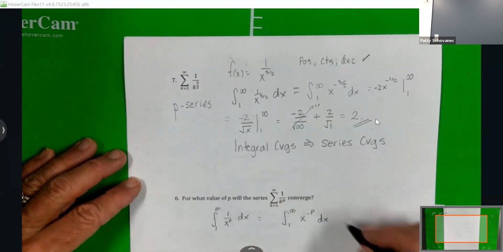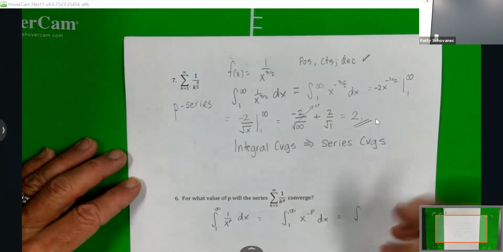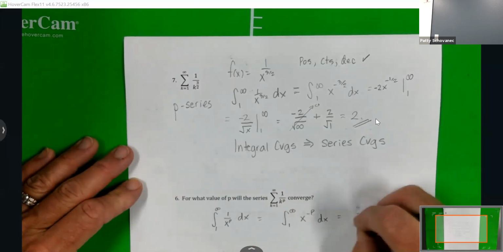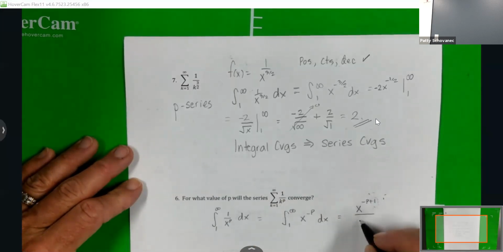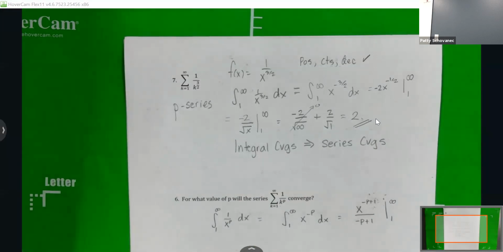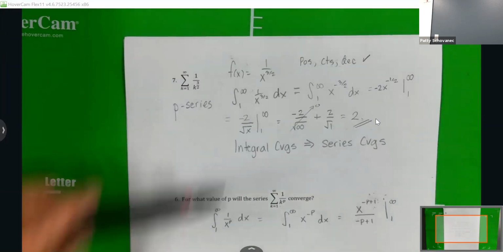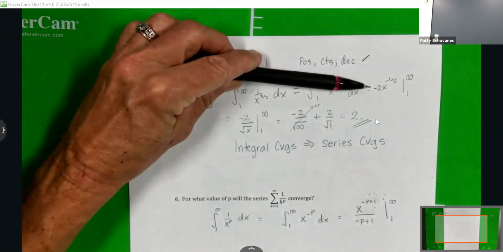You integrate that by adding 1 to the power and dividing by the new power. So you get x to the minus p plus 1 over minus p plus 1 from 1 to infinity. So let's retrace our steps in the previous example. That puts us to about right here.